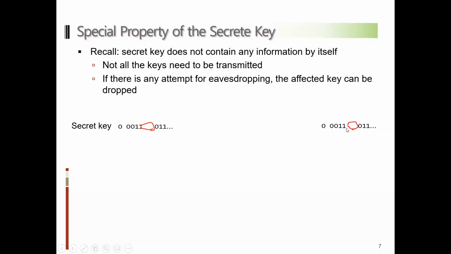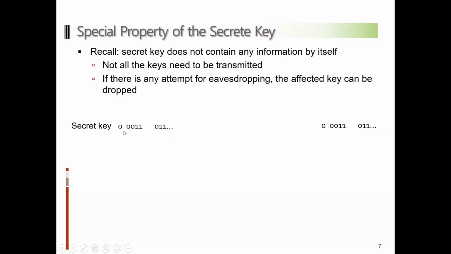The remaining parts still serve as a good secret key, because we know there was no eavesdropping where no error occurred. As long as there is no eavesdropping, they can keep this value.